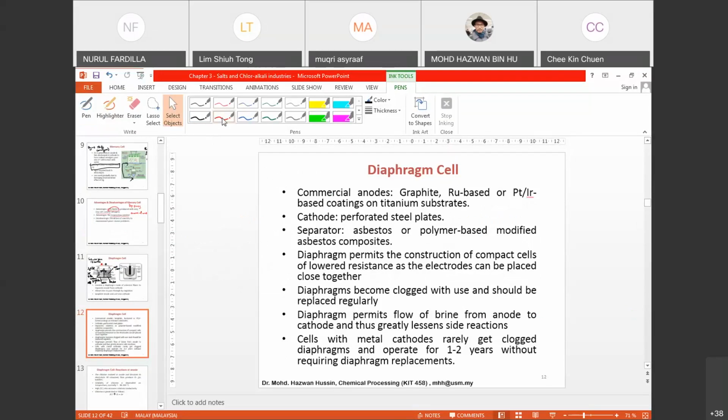So the commercial anodes that are used are normally graphite, carbon, ruthenium based, or platinum or iridium based coatings on titanium substrate. The most important thing for diaphragm cell is that the anode must be an inert electrode.